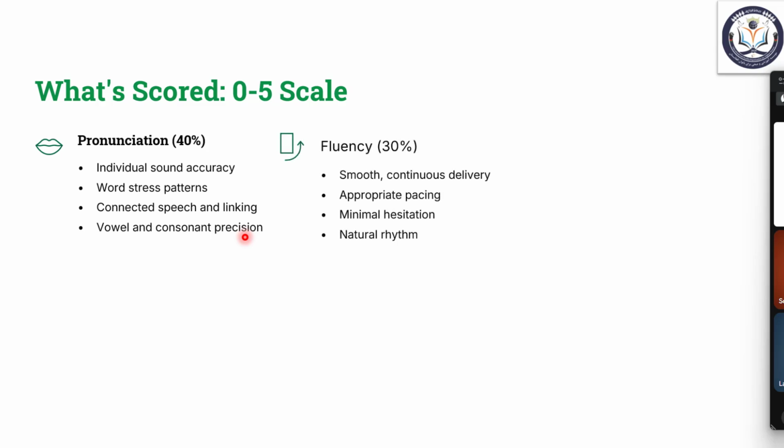The next 30% is fluency. Fluency means how smoothly you repeat the idea, with continuous delivery without long pauses. So here we have to work on pauses, and on appropriate pacing and speed. It should not be too fast, because that removes intelligibility, but it should be appropriate, neither too fast nor too slow.